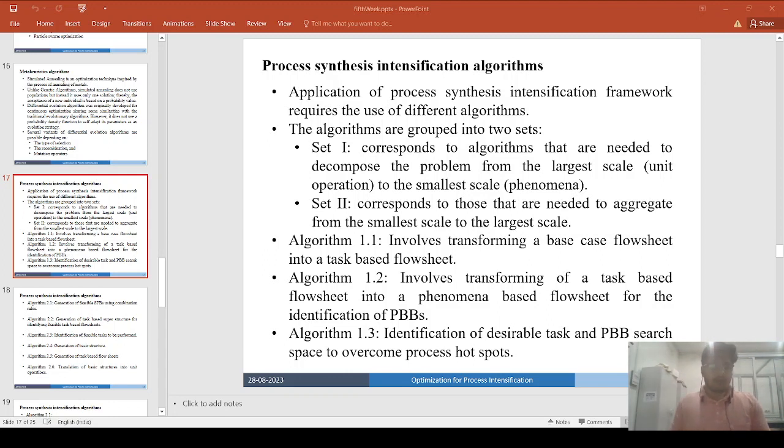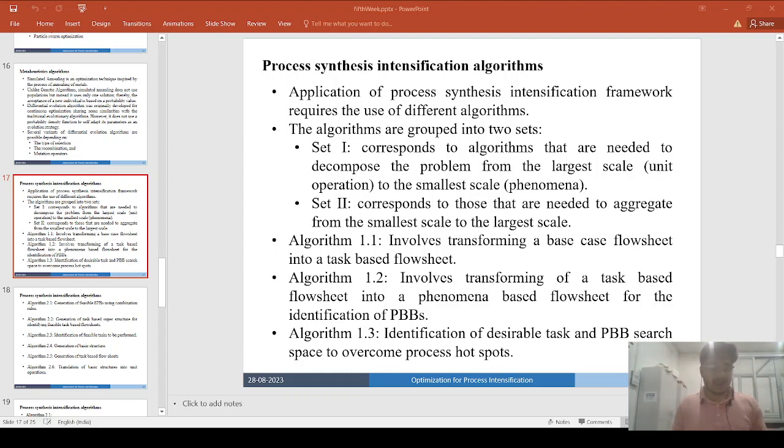Then in sub algorithm 1.3, the algorithm will identify the alternative tasks and their corresponding phenomena based blocks from the identified hotspots, coming from a database of known hotspots, tasks, and their corresponding phenomena based blocks that are linked to property ratio matrices and binary mixtures. Then it involves adding these phenomena based blocks to the original list of phenomena based blocks.